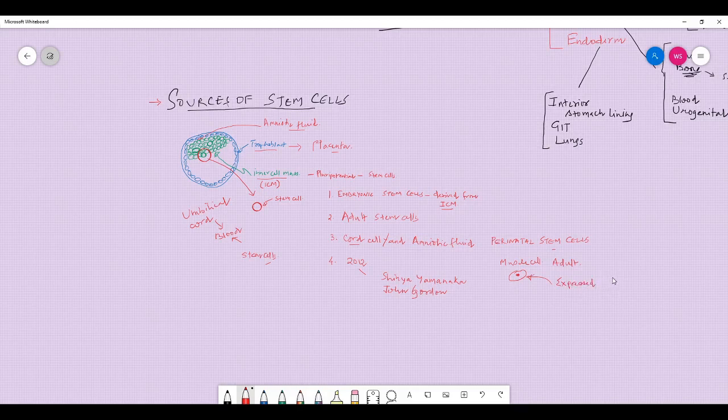There were 4 proteins: OCT4, SOX2, and c-MYC. They expressed these proteins. These proteins are nothing but transcription factors.